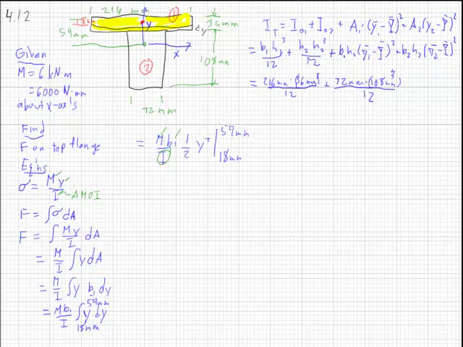And this difference, 54 minus 18, is going to be 36 millimeters.